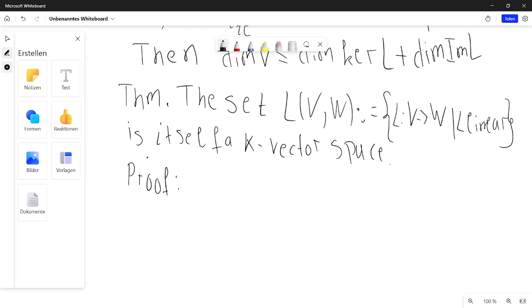Okay. Proof. Define addition. You can probably guess how we would define it just from our examples of vector spaces. Define the addition L1 plus L2 as follows.